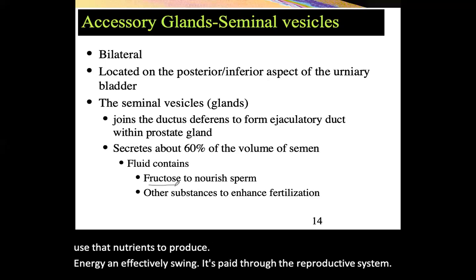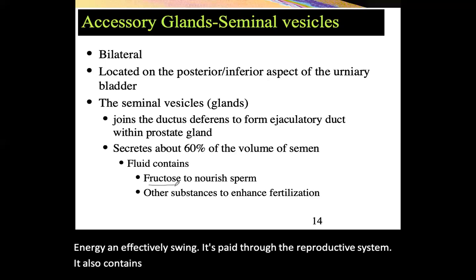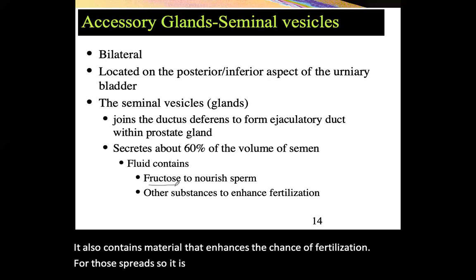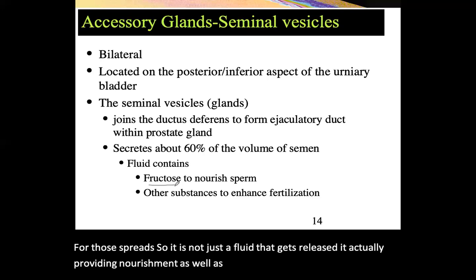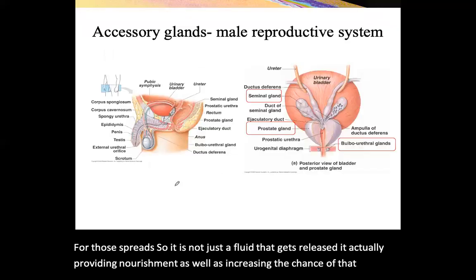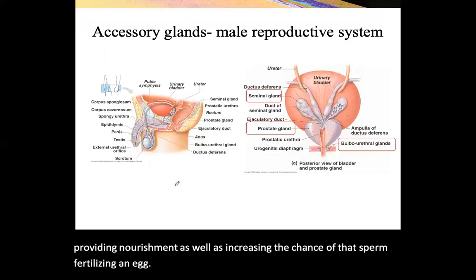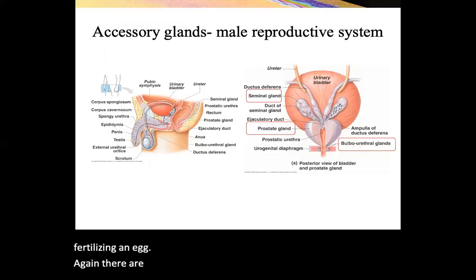It also contains material that enhances the chance of fertilization for those sperm. So it is not just fluid that gets released; it provides nourishment as well as increasing the chance of the sperm fertilizing an egg. Again, they are bilateral, so these two structures are right here and right here.